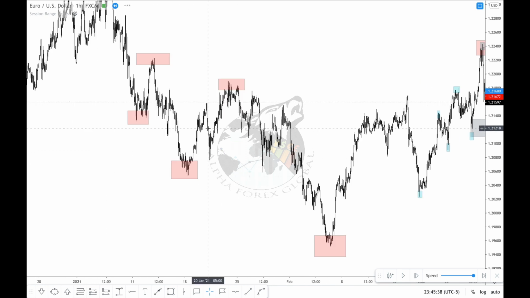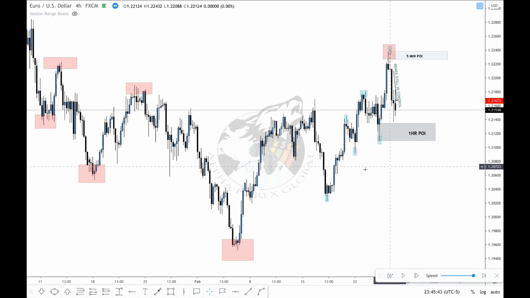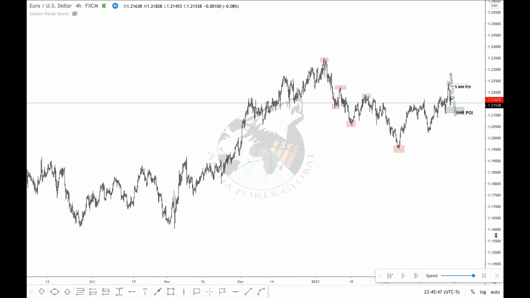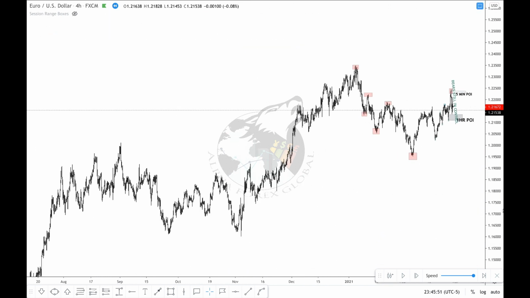So on the 4 hour time frame, we know that the market was in a downtrend for a short period of time, overall uptrend on maybe the daily time frame, weekly time frame, whatever the case may be, right?